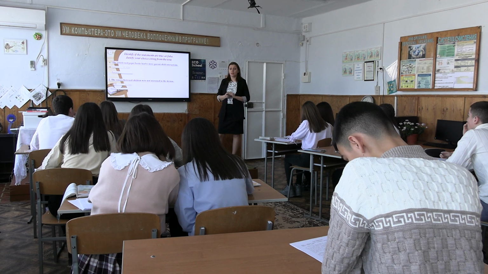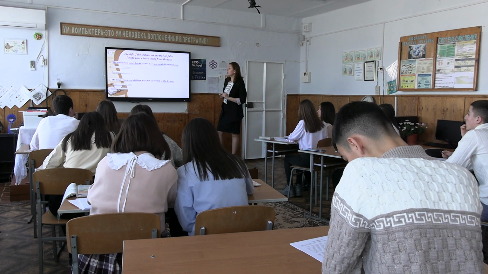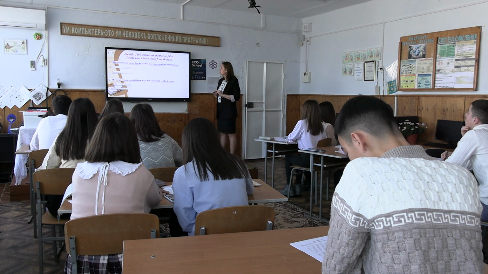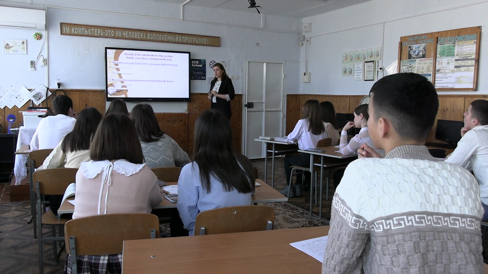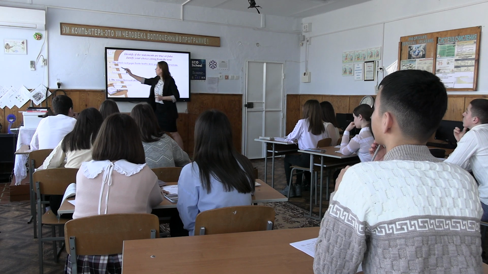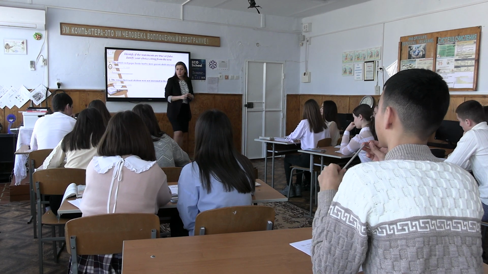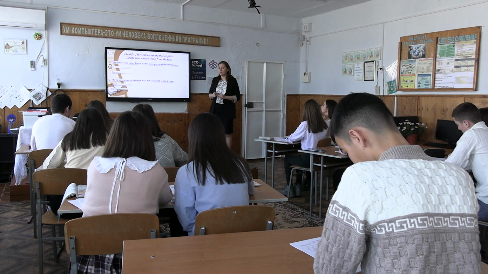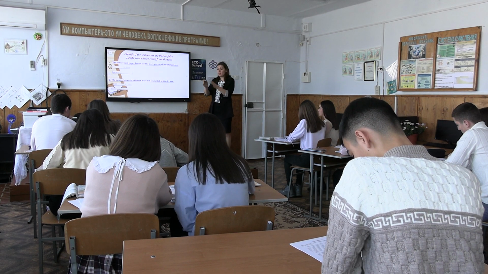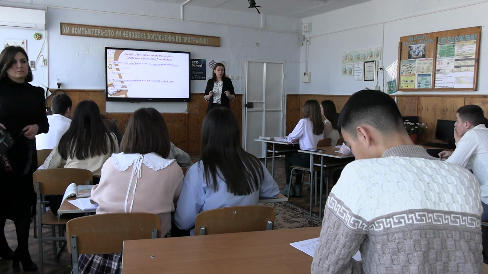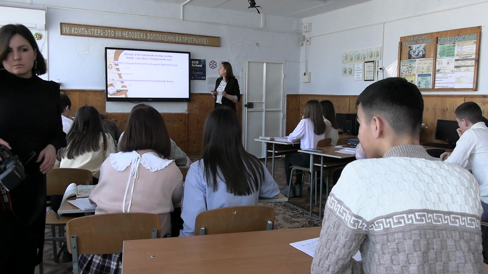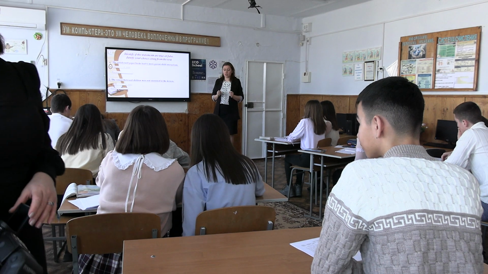Who will try? Anya? The article says paper books lead to more varied child interaction. It is true. What can you find in the text? Read the sentence from the text. Paper books lead to more parent-child interaction.